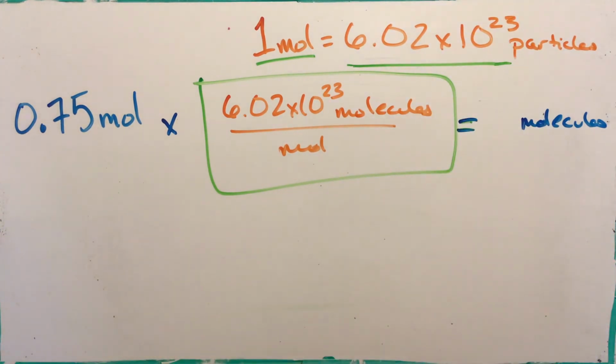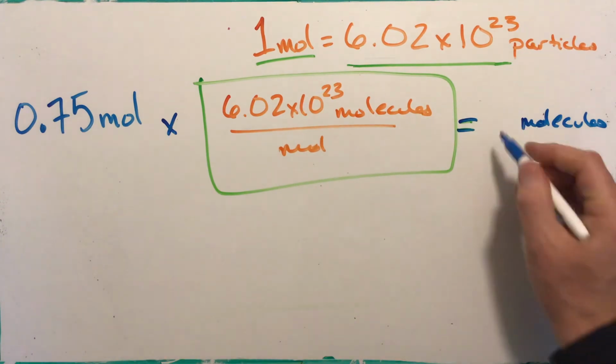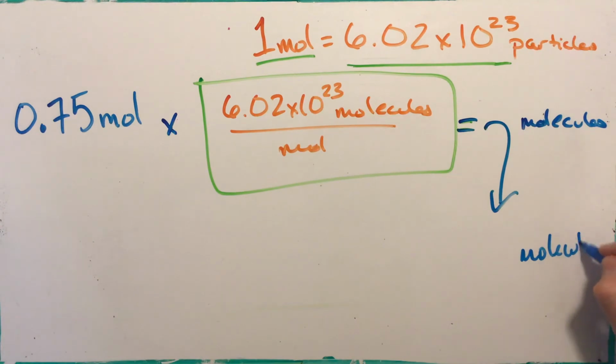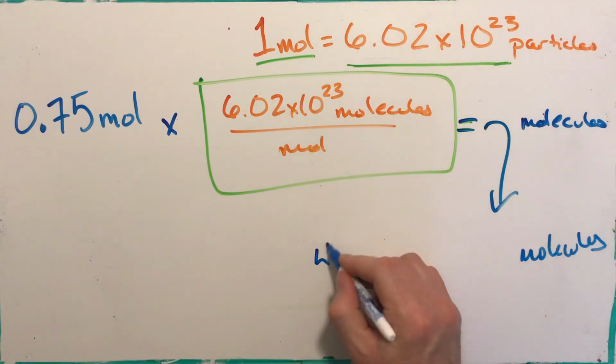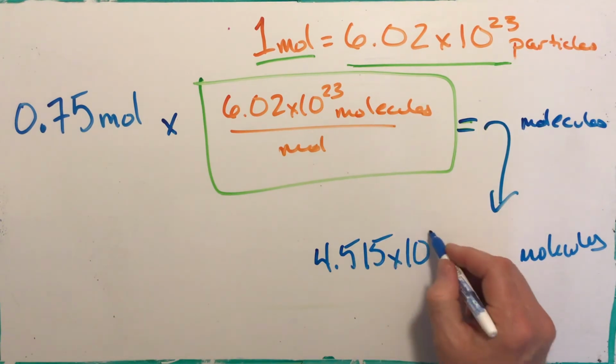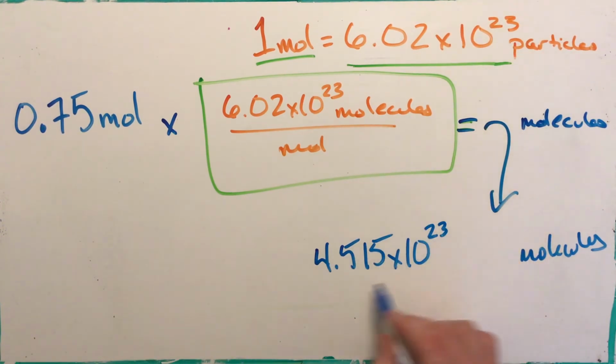So let's see. I'm going to have to put this answer down here because I know I'm not going to have space. So I'll write molecules over again. Very messy, but we'll have to live with it. So 0.75 times that value equals, I end up with 4.515 times 10 to the 23 molecules.